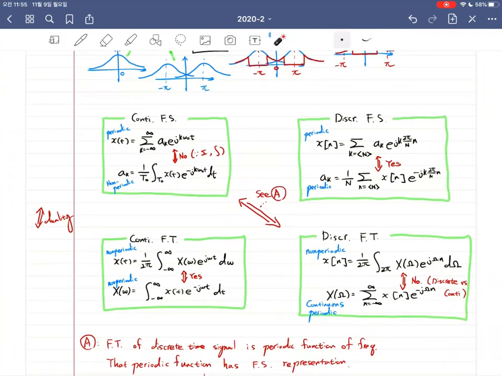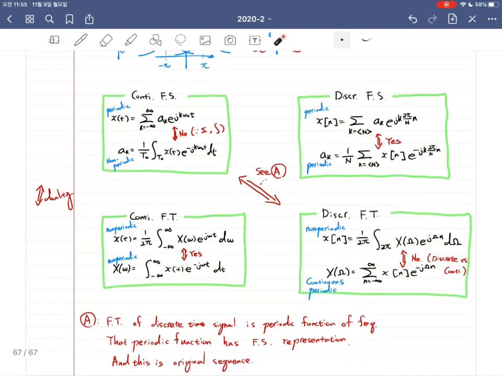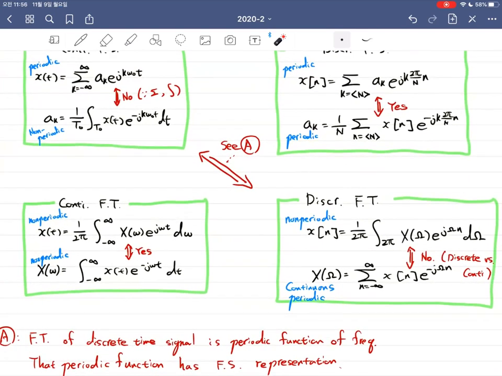Okay, so there is a hidden duality relationship between the continuous Fourier series and the discrete time Fourier transform. So one more time, if you take any discrete time signal, it doesn't have to be periodic. And if you obtain the Fourier transform of that discrete time non-periodic signal, then you will have a periodic continuous Fourier transform.